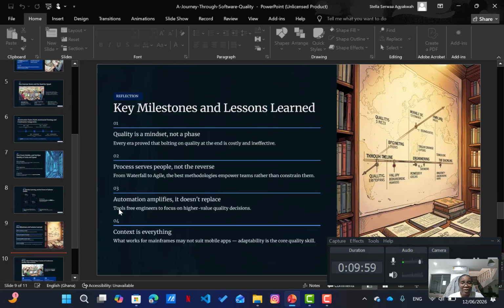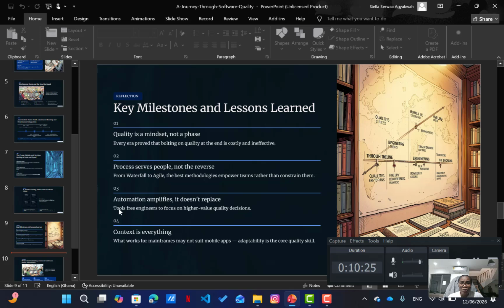Key milestones and lessons learned. There are four major lessons from the history of software quality. First, we learn quality is a mindset, not just a phase at the end of development. Second, processes should support people rather than limit creativity.